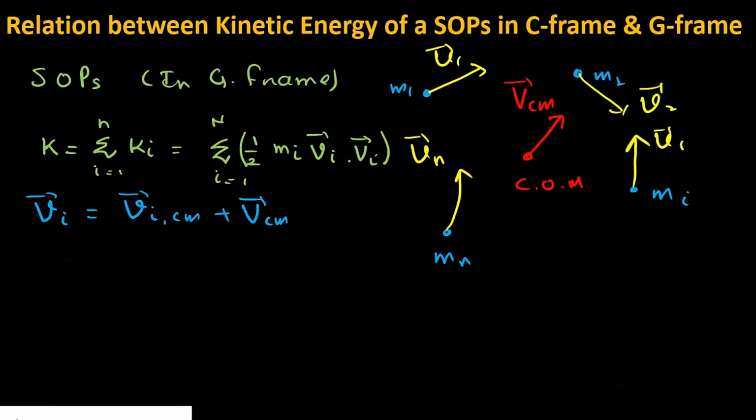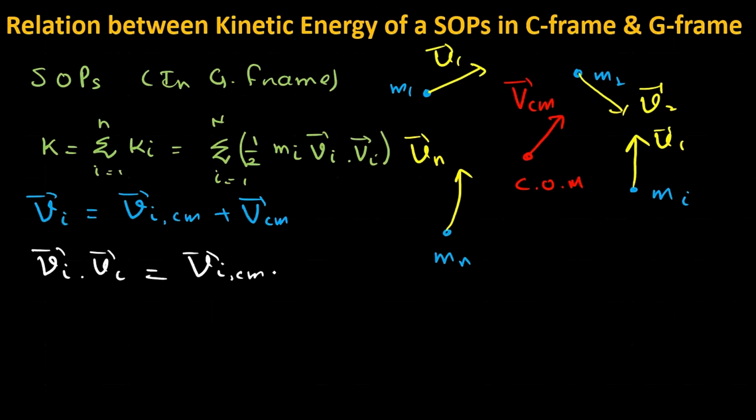So vi dot vi will be simply vicm plus vcm, and its dot product with itself, that is, vicm plus vcm.